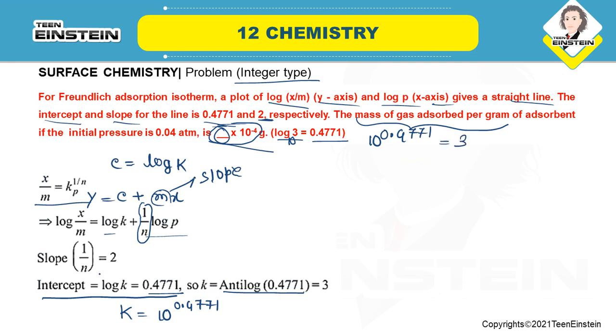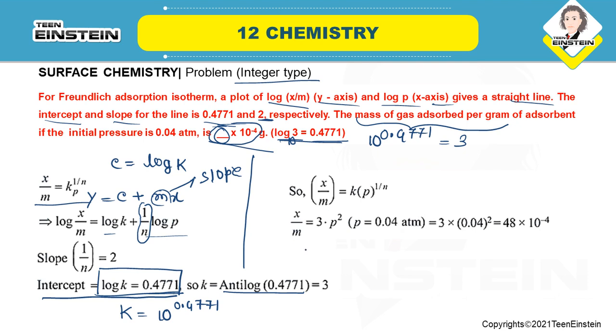You can also compare this equation with the equation given in the question, and easily understand that the value of K will be 3. Fine. So this is one part. Now we know the value of K, we also know the value of n. 1 by n is 2, so n will be 1 by 2.